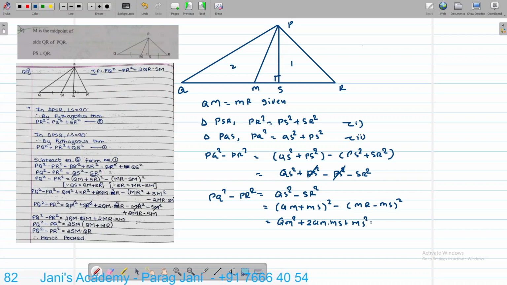Now for the subtraction, you have to put it in a bracket: MR square minus 2 MR dot MS plus MS square.